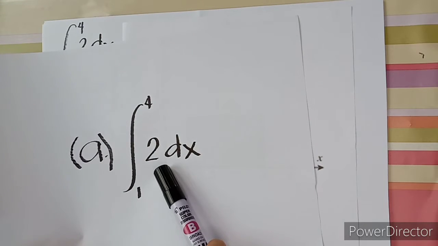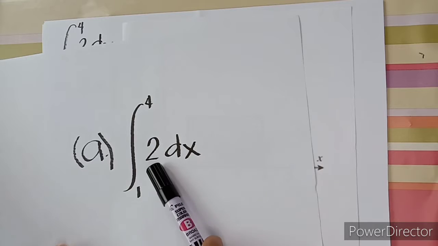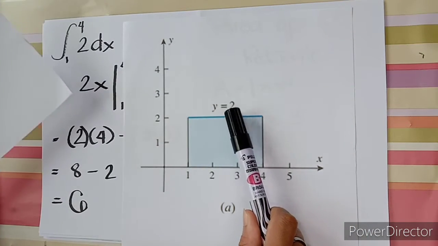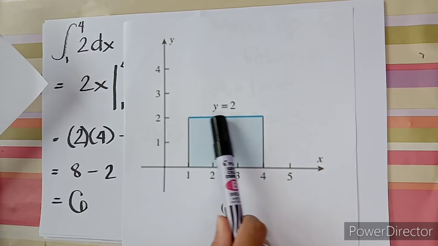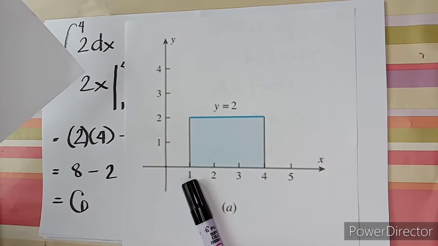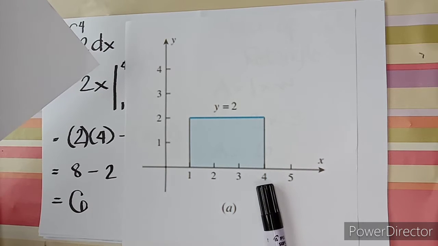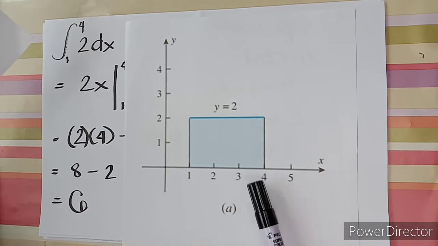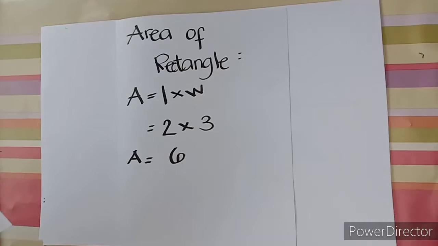And this f of x is our y. So, y is equal to 2, and our x runs from 1 to 4. So, we have a shape of a rectangle.